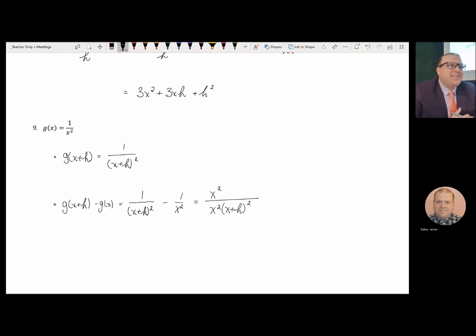Remember that? Sign stays the same. And then you do the same thing for the next term. What's missing from the common denominator? The x plus h squared, right? So you have to multiply numerator and denominator by that. We can leave the denominator alone. Now we just have to simplify the numerator.